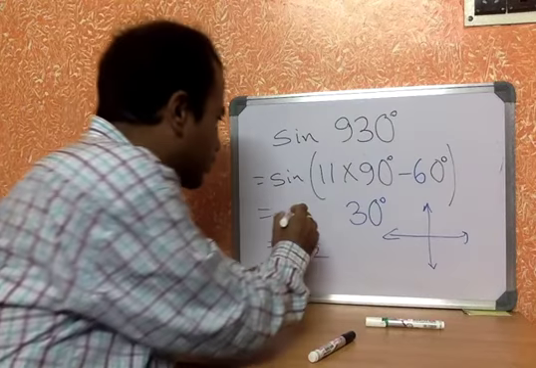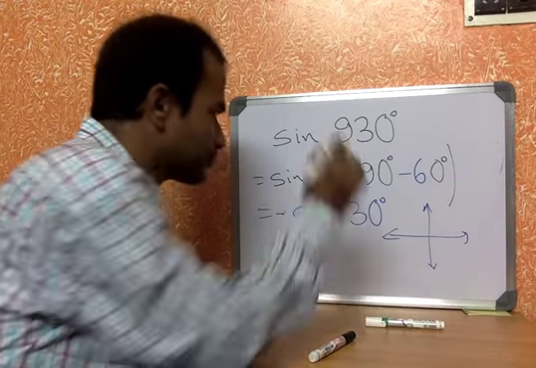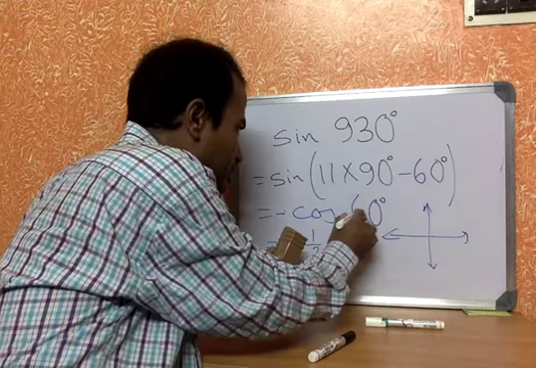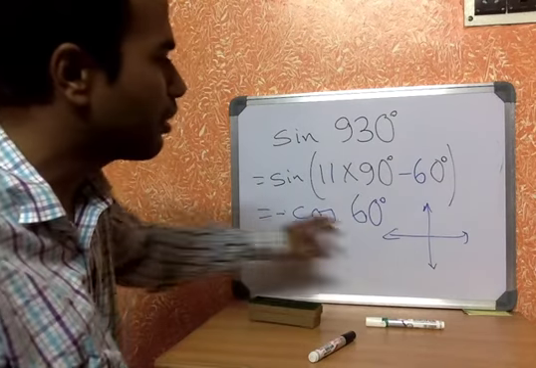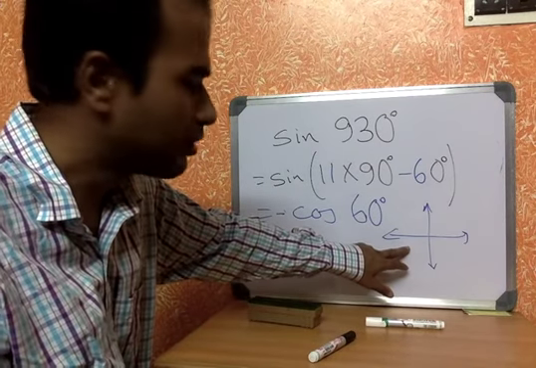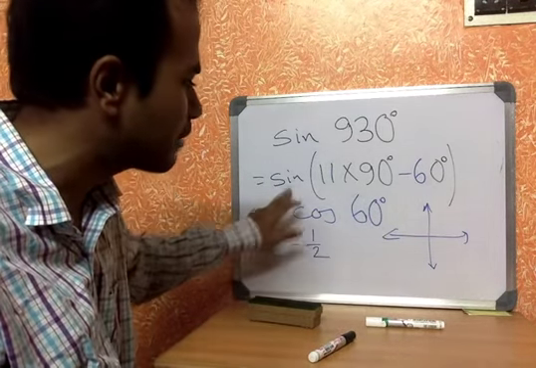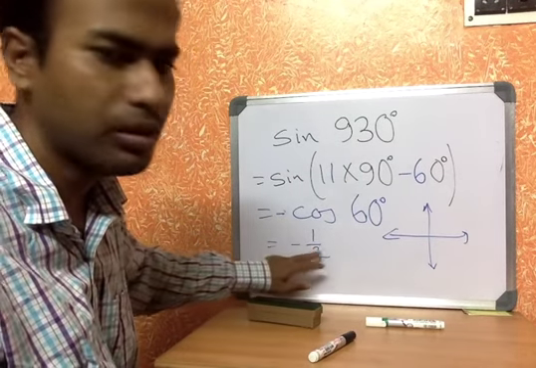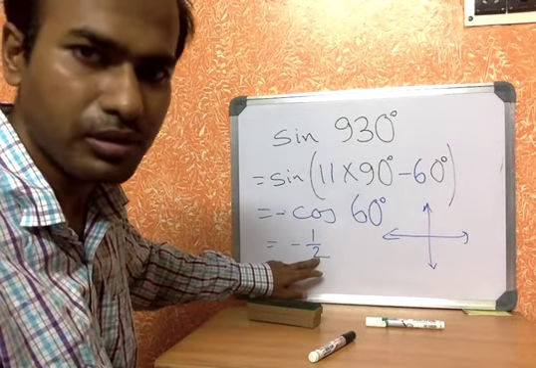Therefore, sine will convert to cos. So it will be cos 60. And again it will come in the third quadrant where sine is negative. So it will be minus. The value of cos 60 is equal to half. So it will be minus half. Right?